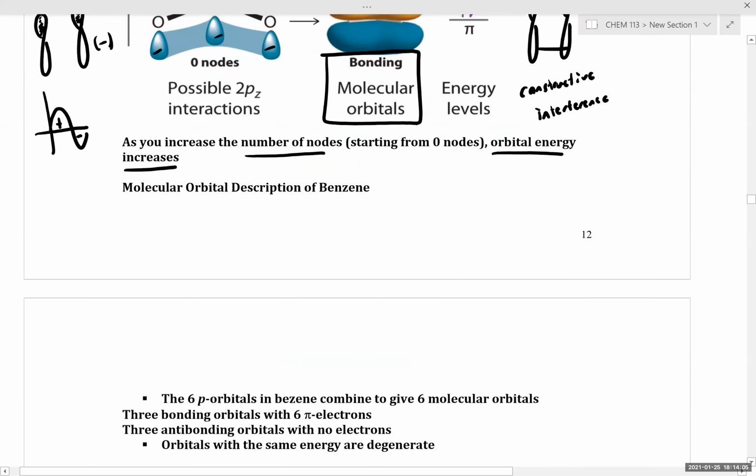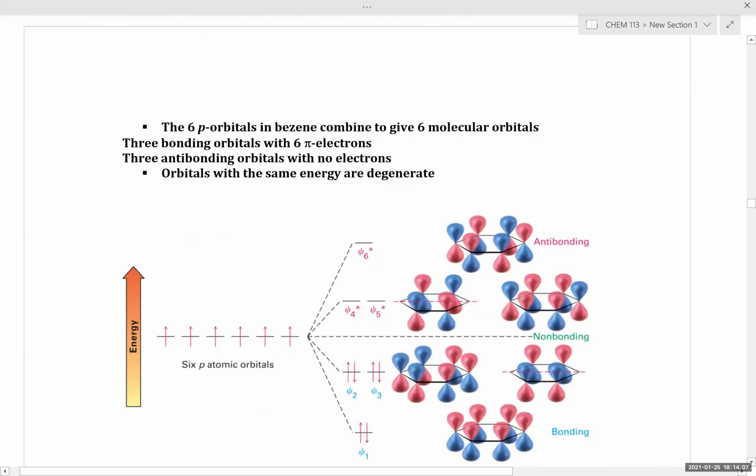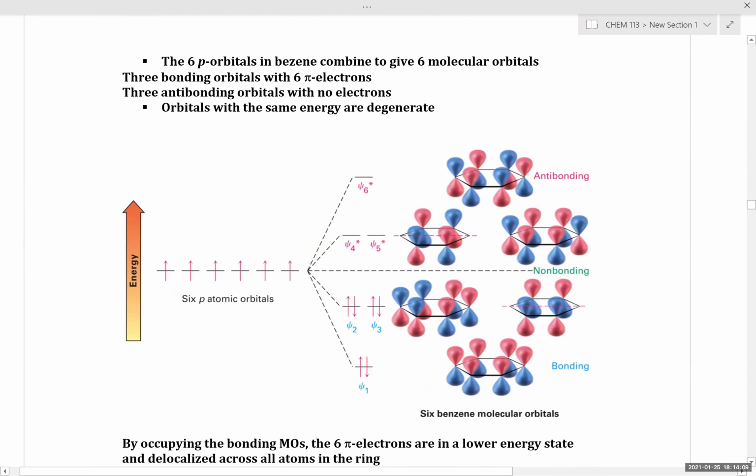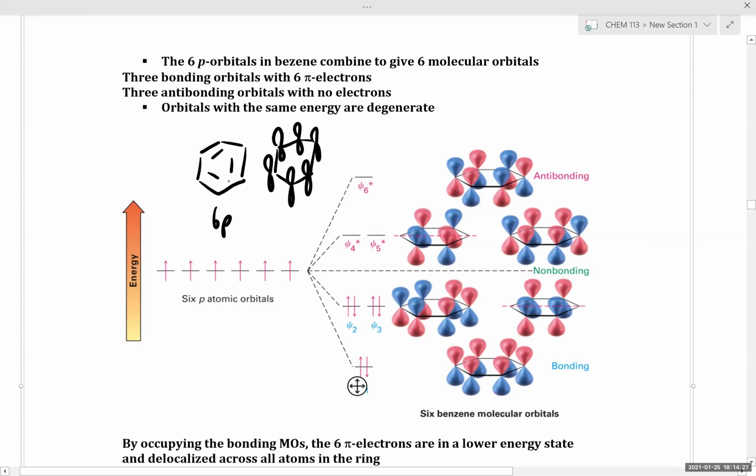So let's look at benzene. Benzene is quite interesting because, as we know from the structure of benzene, we have a cyclic system with six carbons, and we have a total of 6 p orbitals. In terms of the total number of pi electrons, we have 6 pi electrons.